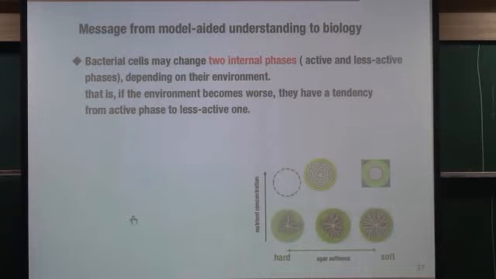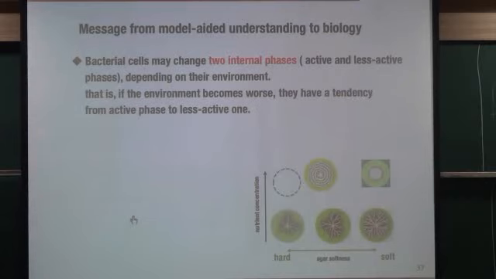One is the active phase, the other is the less active phase, and the conversion rate really depends on their environment, okay? That's a very important answer. Roughly speaking, if the environment becomes worse, then they have a tendency to go from the active phase to less active.